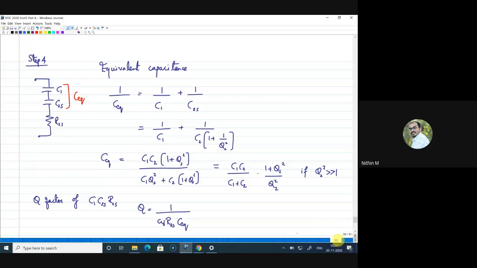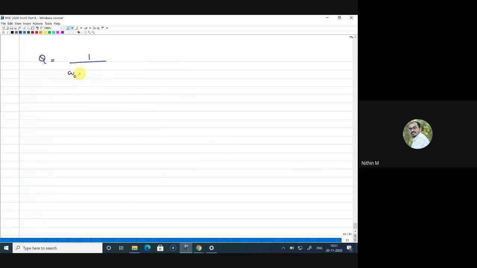So let me write this: omega naught into R2S into C equivalent.